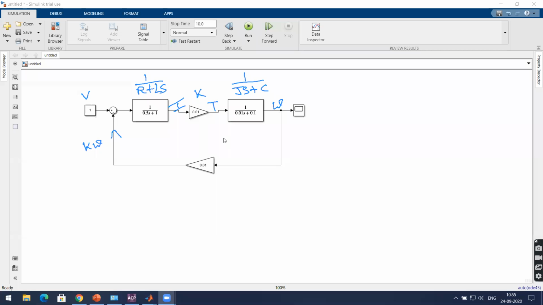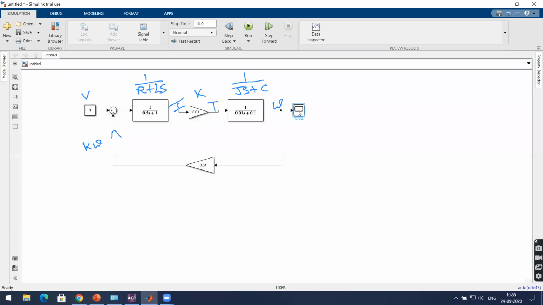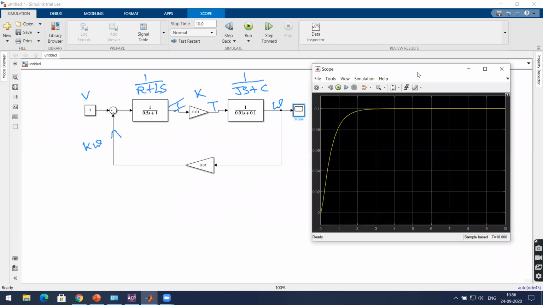So is this an open loop system or a closed loop system? Suppose for 1 volt I run this motor, what you get here is the omega, 0.1 radians per second.